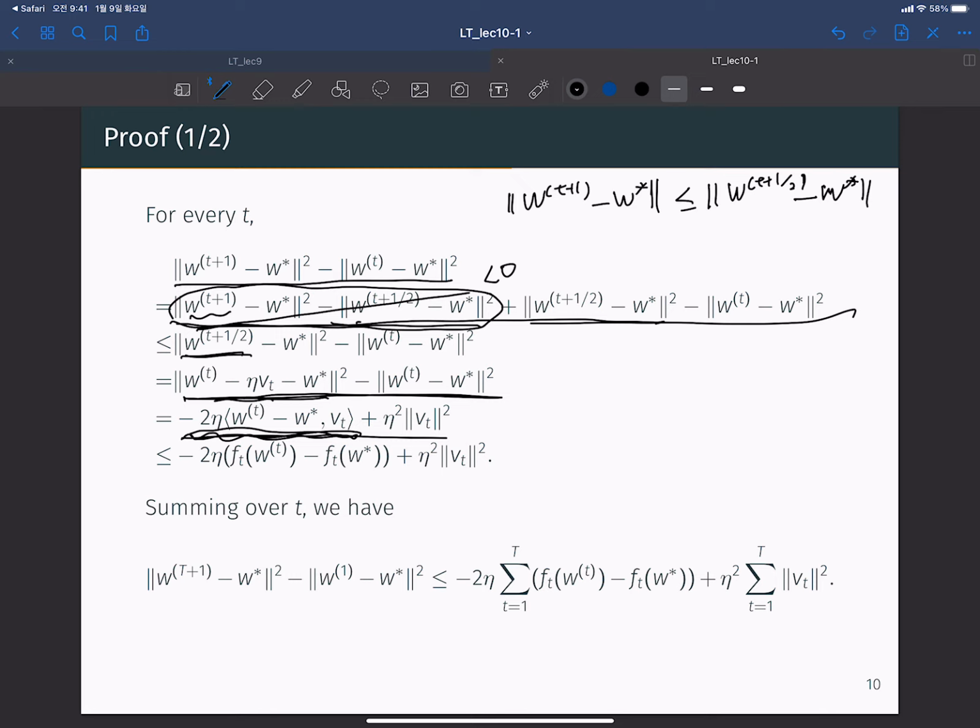Okay, so we have a very nice upper bound of this term, and so when we sum this over t, we can cancel terms. In the end, we have the norm square of w_{T+1} minus w star minus the norm square of w_1 minus w star, which is upper bounded by minus 2 eta times the summation from t=1 to capital T of f_t(w_t) minus f_t(w star), plus eta square times the summation of the norm square of v_t.